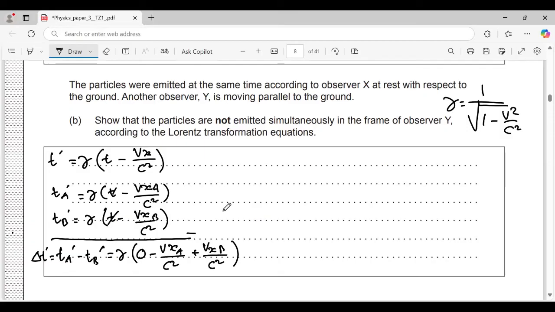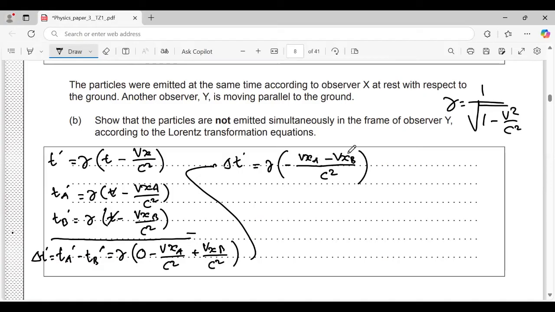So delta t' would be gamma times minus v xA, and this becomes minus v xB over c squared.